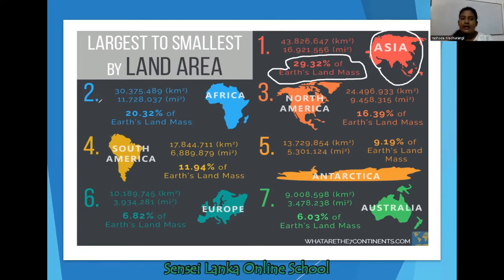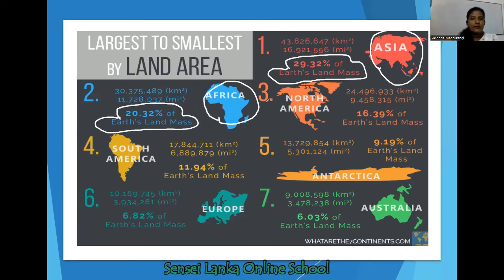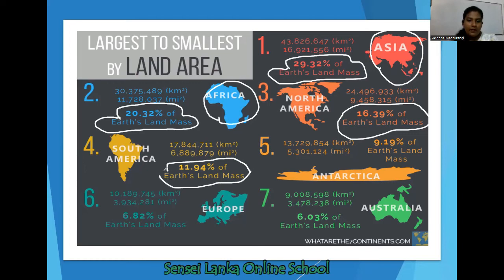If we come to the second largest one, the African continent, what is the size as a percentage? 20%, nearly 20. Exactly 20.3. So what is the third one? North America, nearly 16%. Number 4, South America, 11.9, when we compare it with the Earth's full land mass.